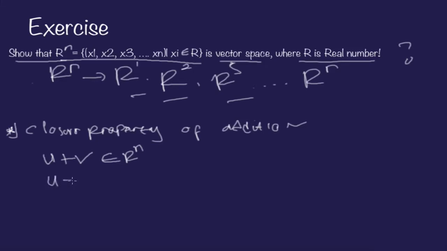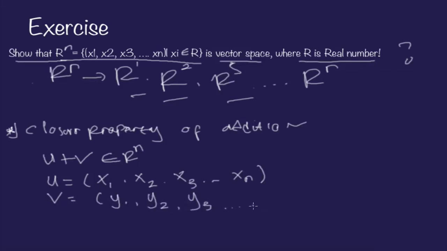I'll take u as x1, x2, x3, up to xn, and v as y1, y2, y3, up to yn.